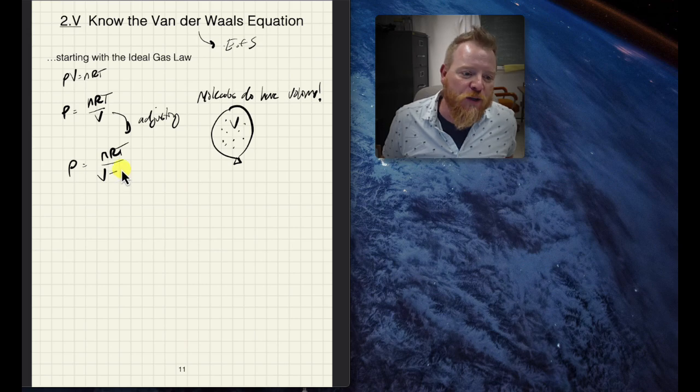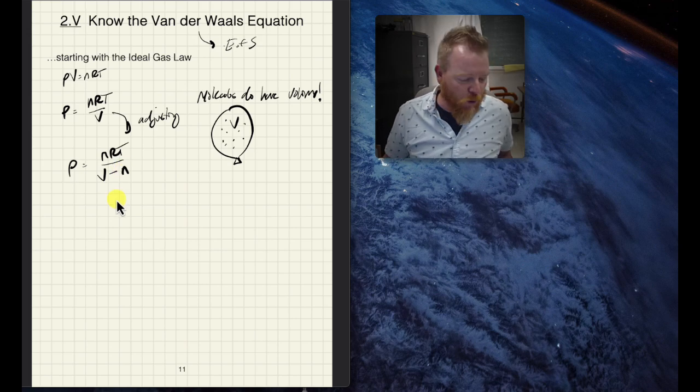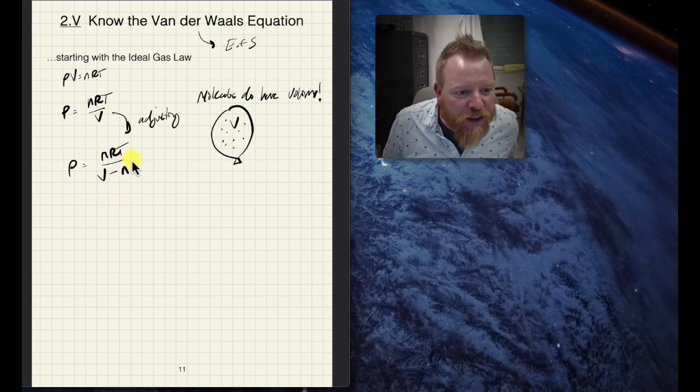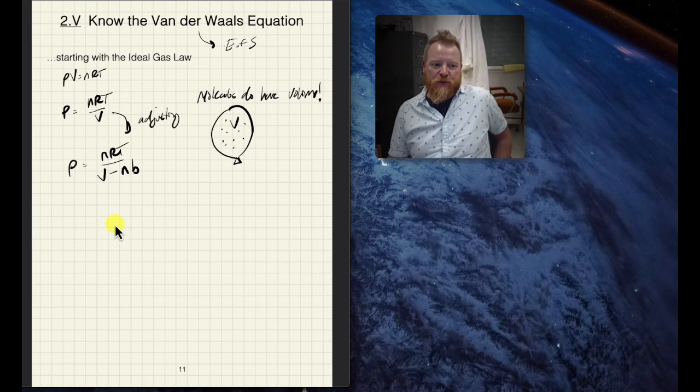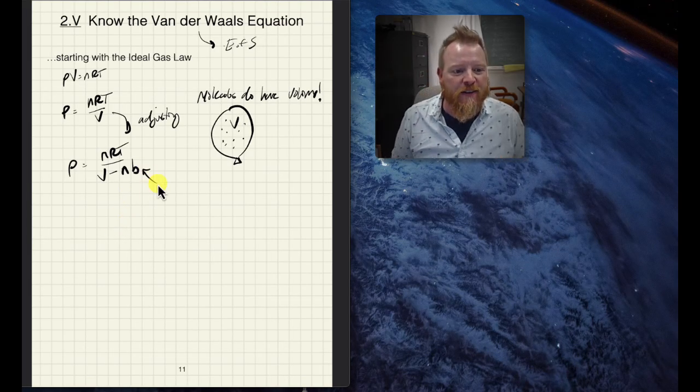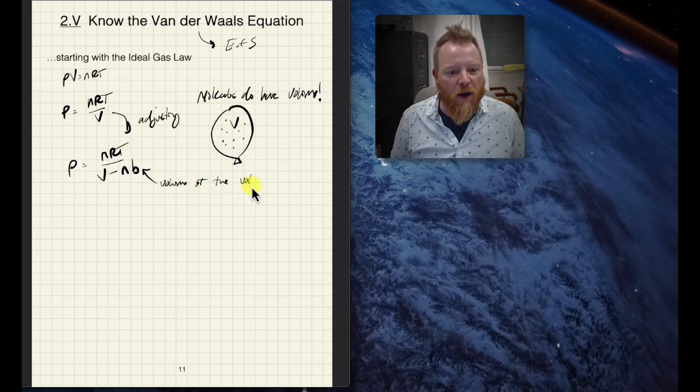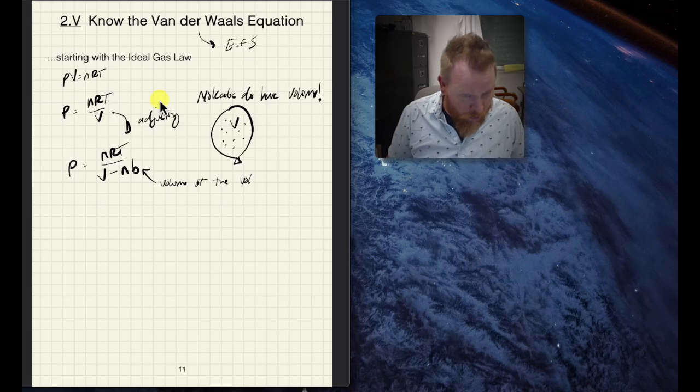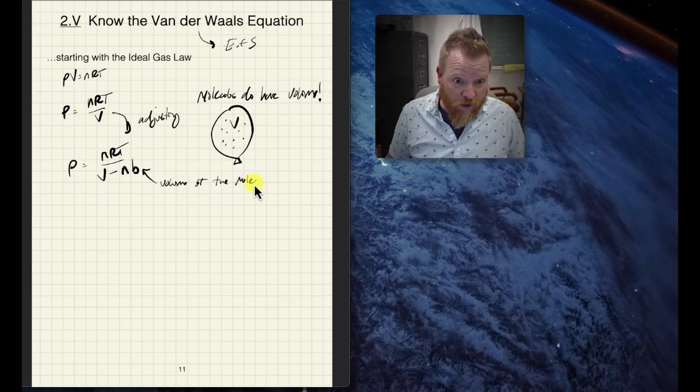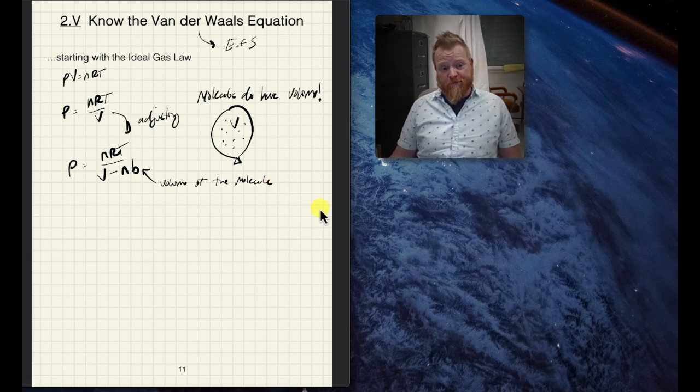So we need to know how much we have. That's going to be number of moles. And traditionally, the letter b is used to indicate the volume of the individual molecule. It's the volume of the molecule, okay?